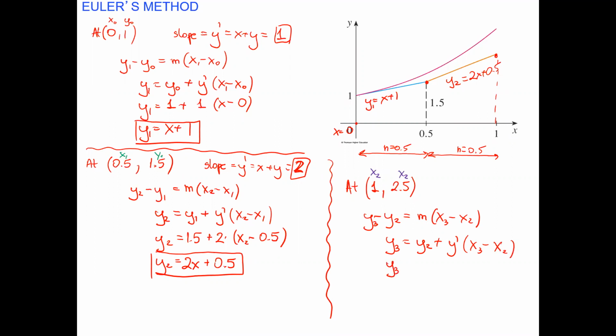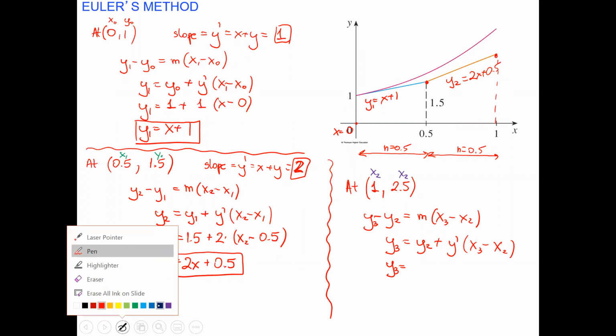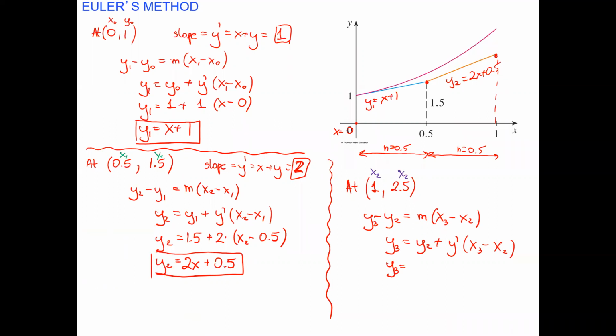And let's substitute the values. The y coordinate is actually 2.5, plus the slope. Oh, we didn't compute the slope. The slope at this point will be the same thing, y prime equals x plus y. 2.5 plus 1 gives me 3.5.